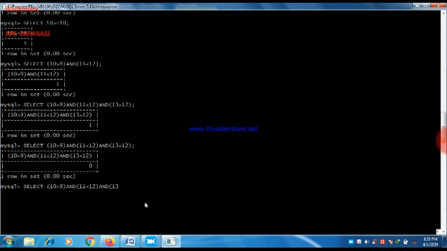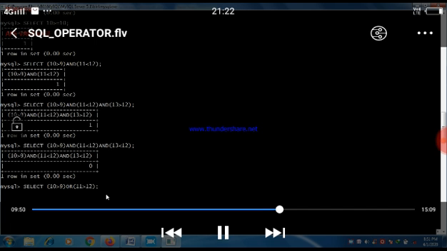First, we perform two operations: 10 greater than 9 or 11 is greater than 12. 10 greater than 9 is true, and 11 greater than 12 is also true.